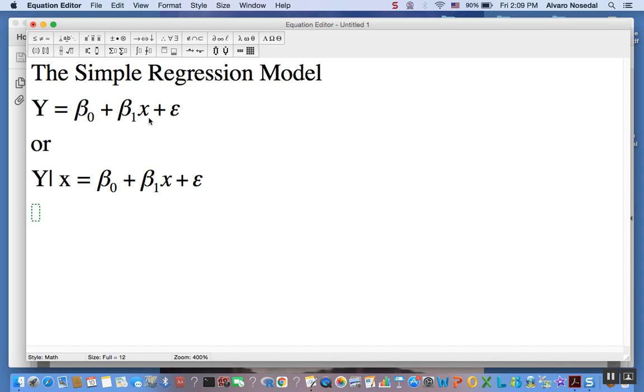And on the other hand, what we have here, this epsilon, are random fluctuations, and those random fluctuations cause the values of y to deviate from the mean level. Makes sense?